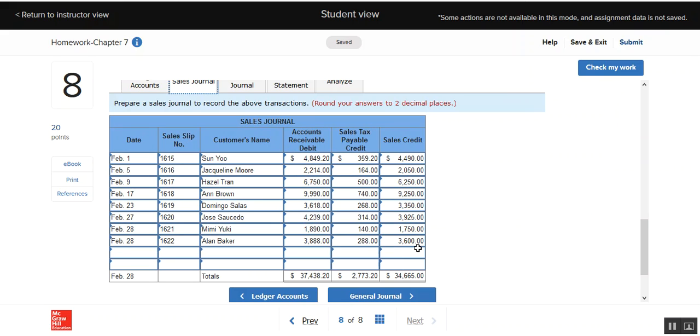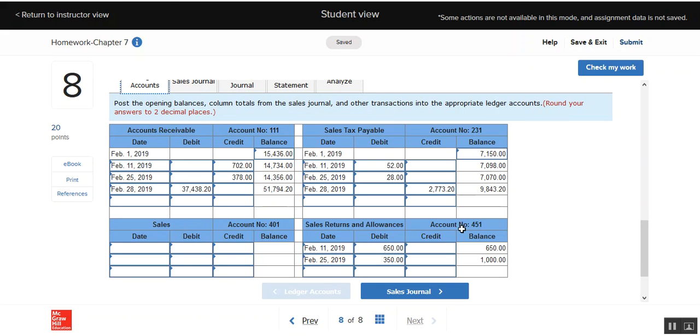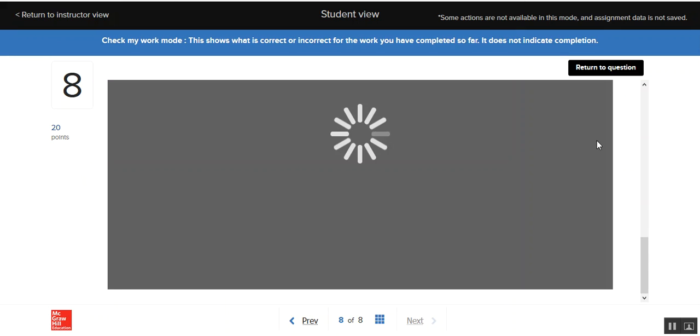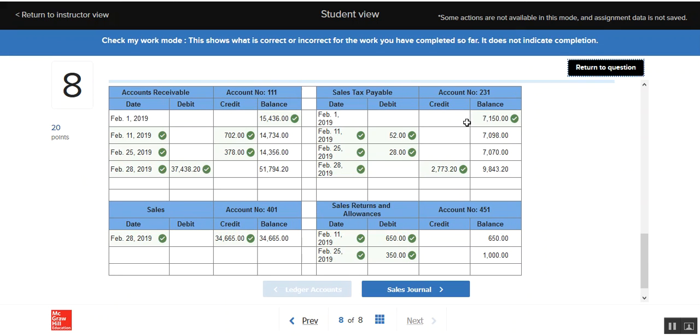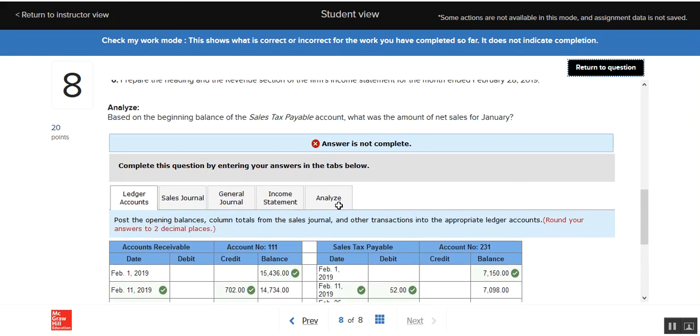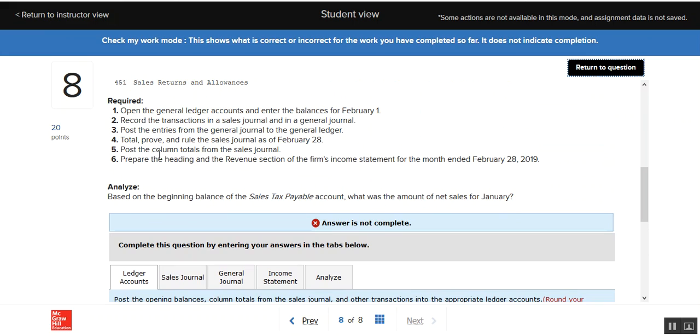The sales is a credit for $34,665. And that was on the 28th. Let's make sure I got all these posted correctly. I didn't have any typos. So yours should look something like this. And that is step number 5.